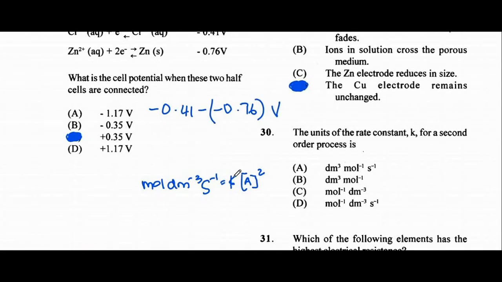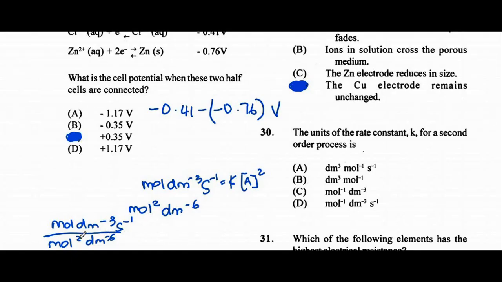So the concentration there would be mole squared dm to the minus 6, right? And I'm supposed to divide this by this, so mole per dm cube per second all over mole squared dm to the minus 6.